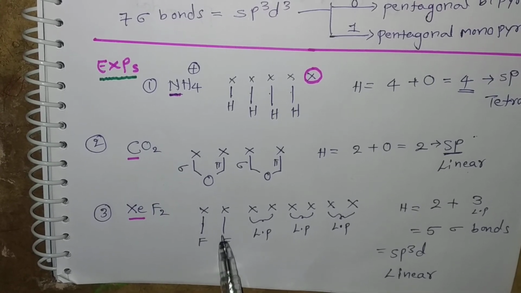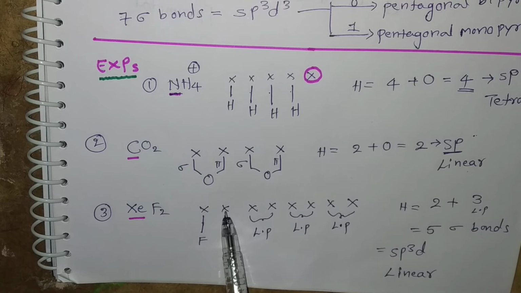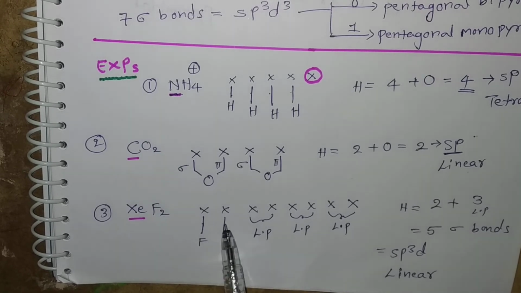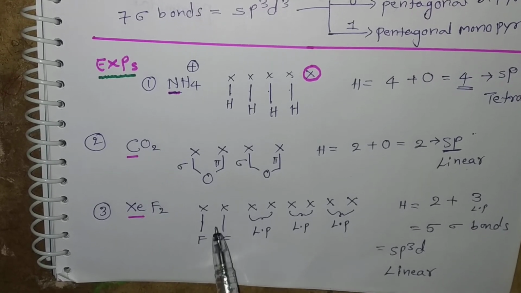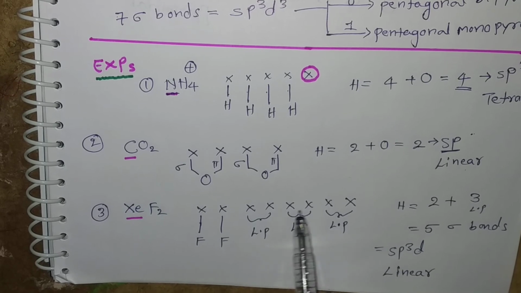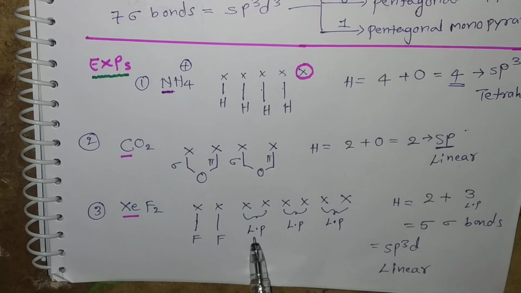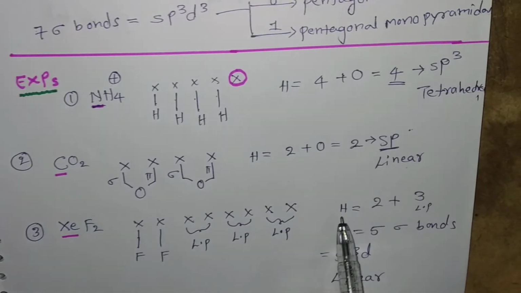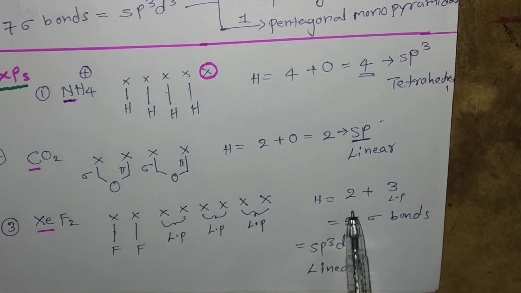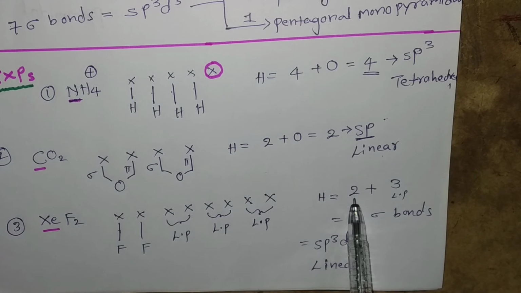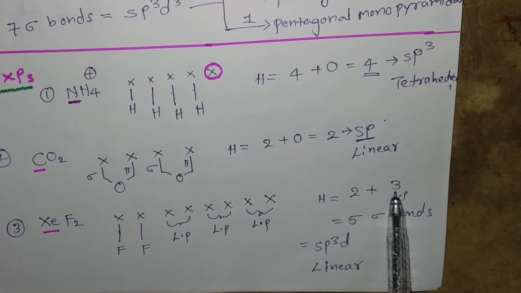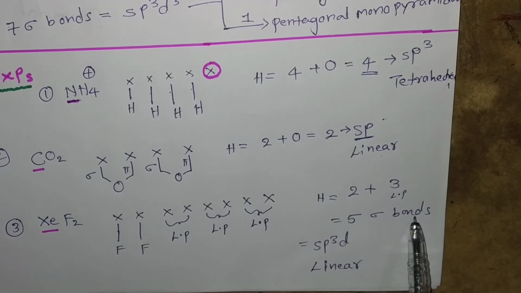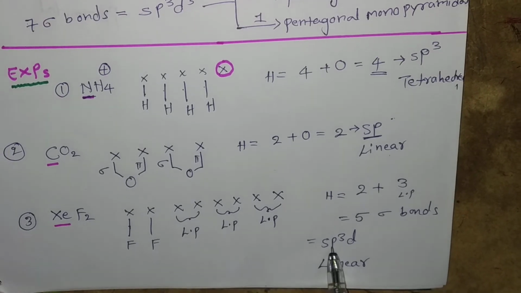Total how many sigma bonds? 2 sigma bonds. And the remaining electrons are considered as lone pairs: 1, 2, 3. 3 lone pairs. So for hybridization, number of sigma bonds 2 and number of lone pairs 3, total 5.